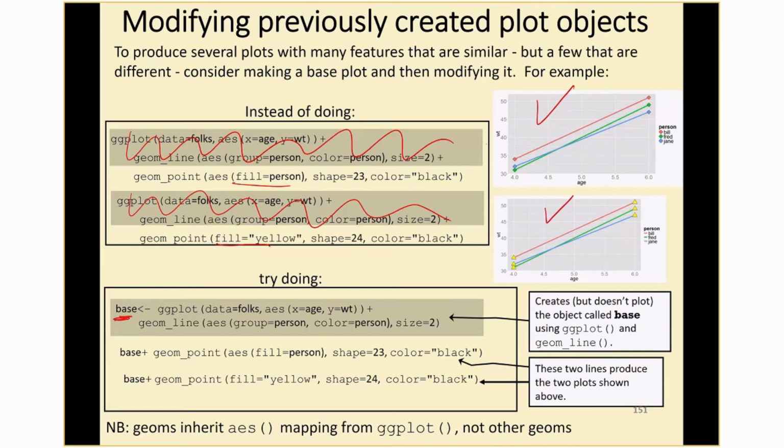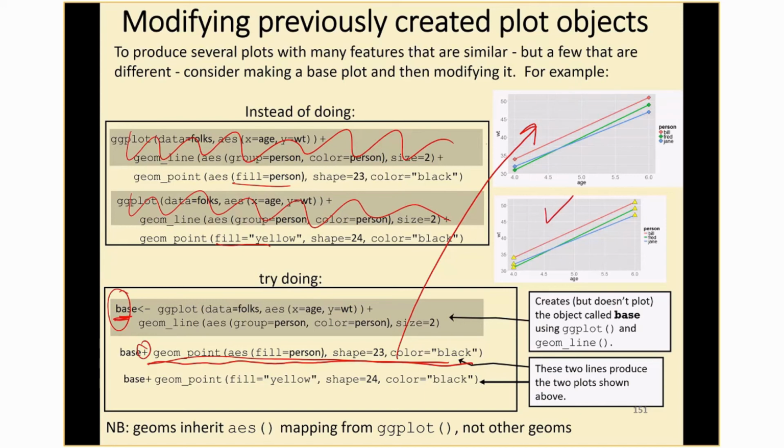I've created it, but it won't be printed. However, once I've got it in hand, I can then attach to it with a plus sign a layer, the layer for the scatter plot. So the combination of the base, which has the information required to make the line plot, added to it the code to make the scatter plot, is going to give us this particular plot here.